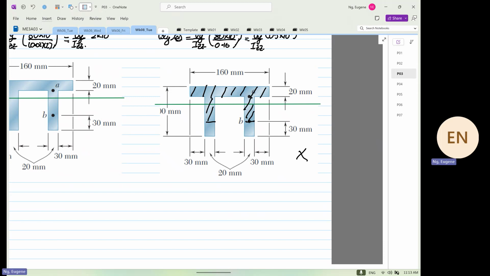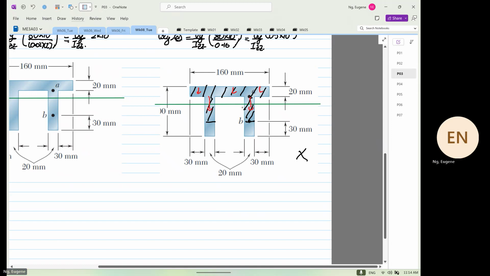We as mechanical engineers are very visual. You will ask yourself, Eugene, why is this wrong when you say the shear flow goes this way? Yes or no? I should take the area.